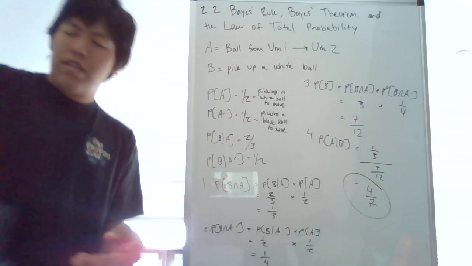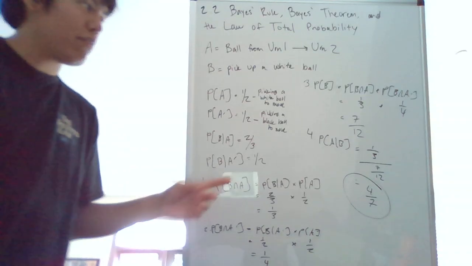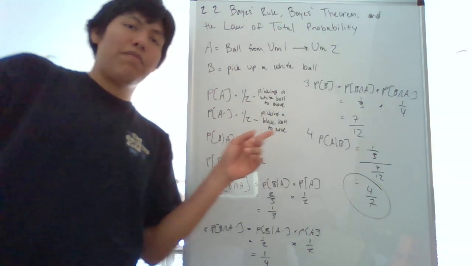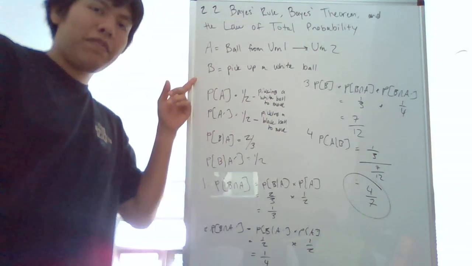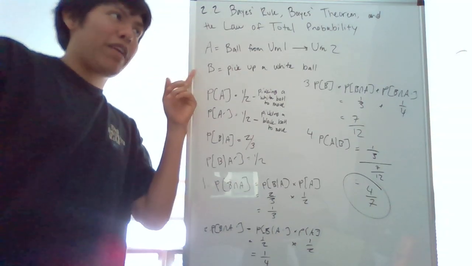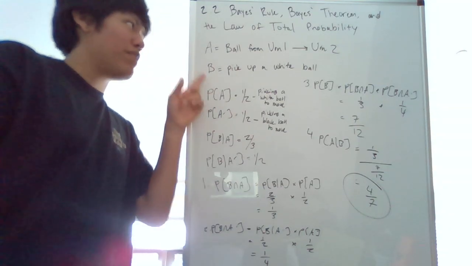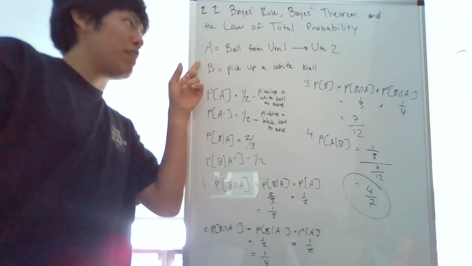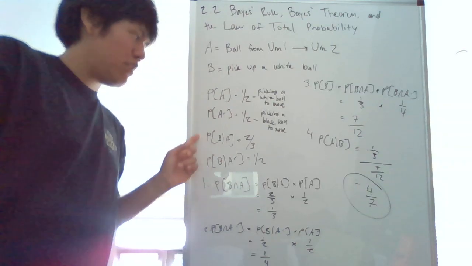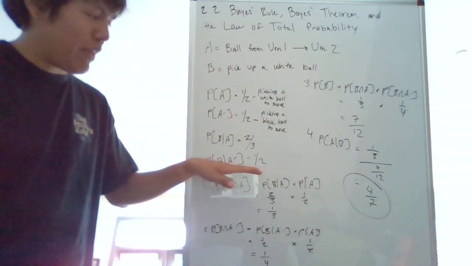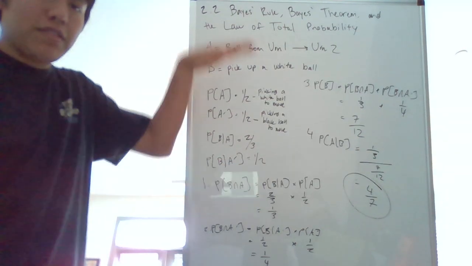So, yeah, this is an example of Bayes' theorem, where you have to, like I said, just from reading the question, be able to find this stuff, up to here, all this up.